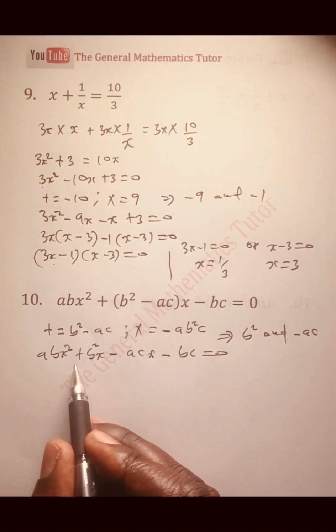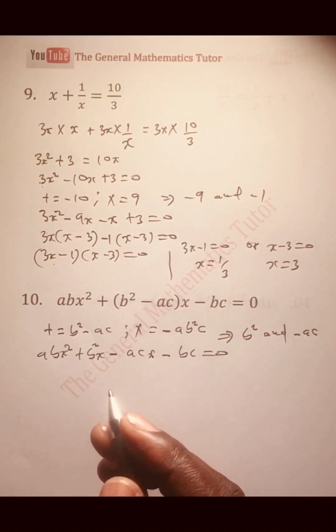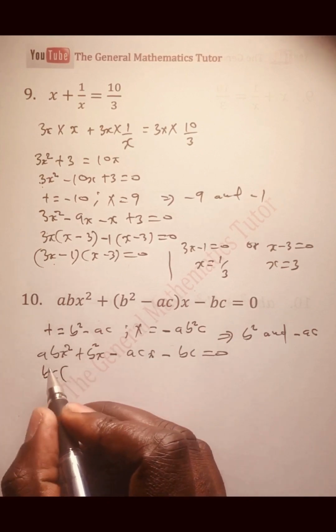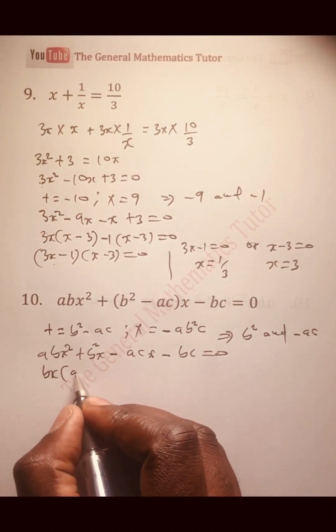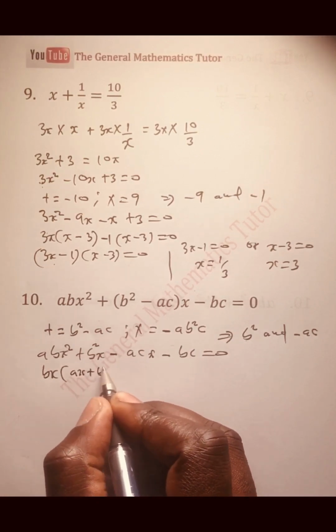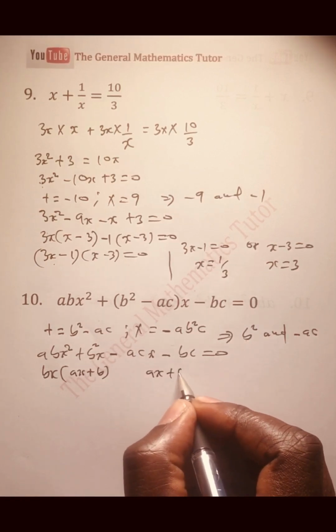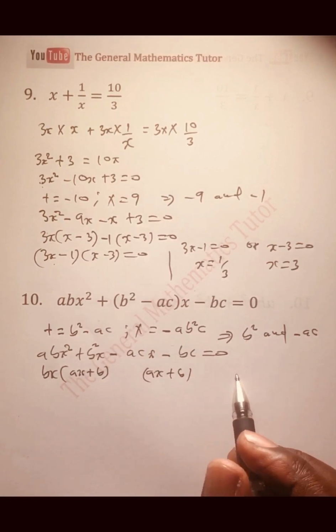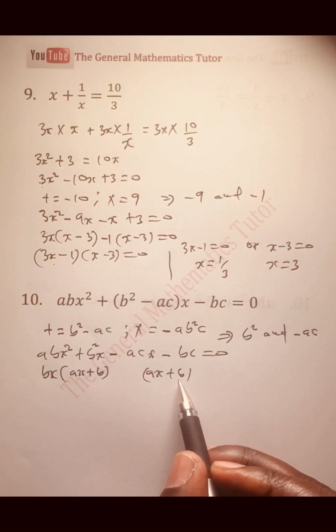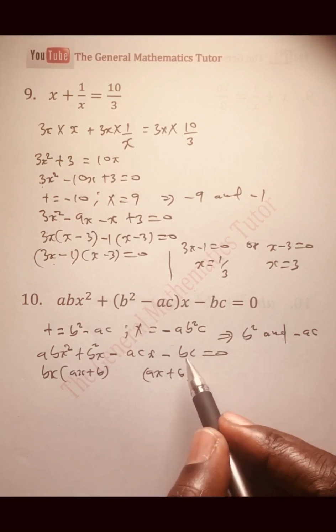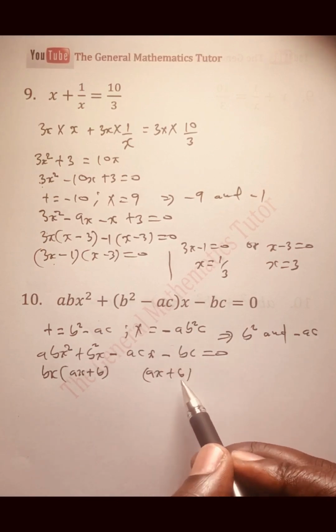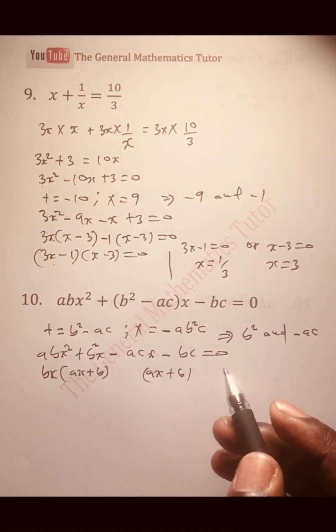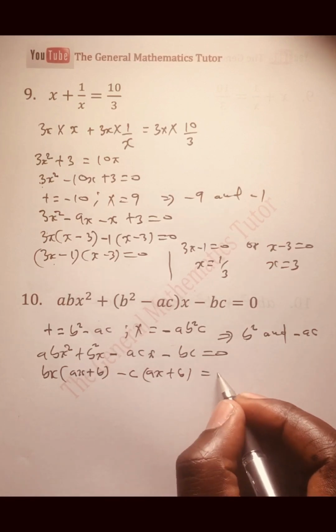So we look for the common factor between these two, and the common factor is bx. So bx into ax plus b. So we expect ax plus b this side. So for us to have obtained negative bc, we multiplied b by negative c, so that is equal to 0.